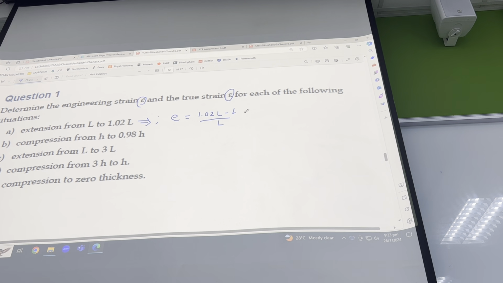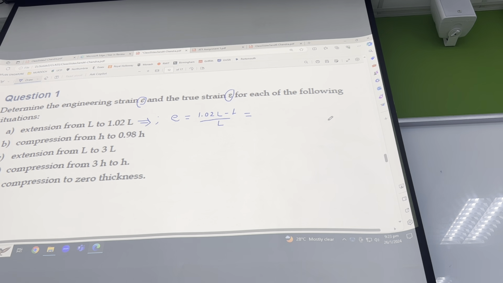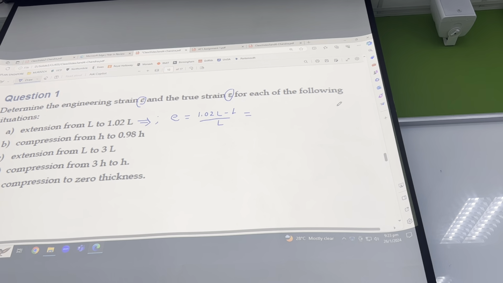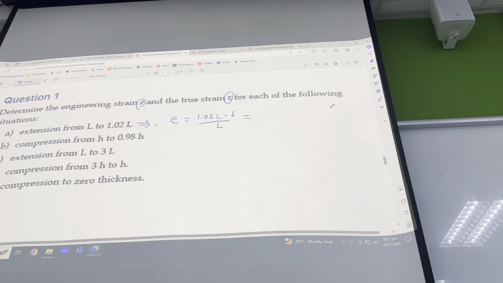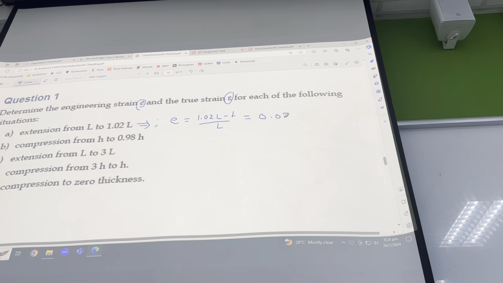Okay, so how much is this? So here the engineering strain is 0.02. So what is the true strain? So true strain will be epsilon.